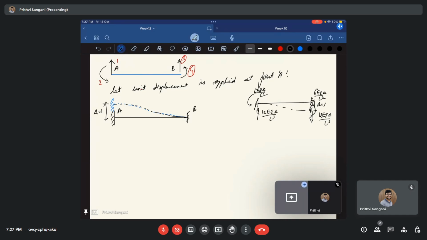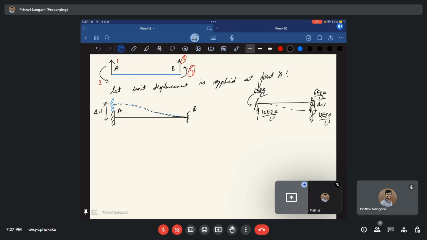I hope you remember these formulations. Otherwise, you can simply use the conjugate beam method and find these formulations.